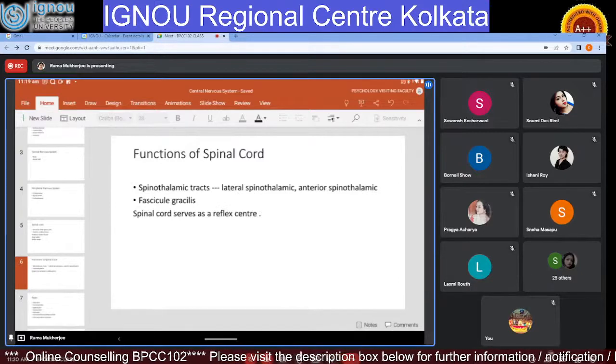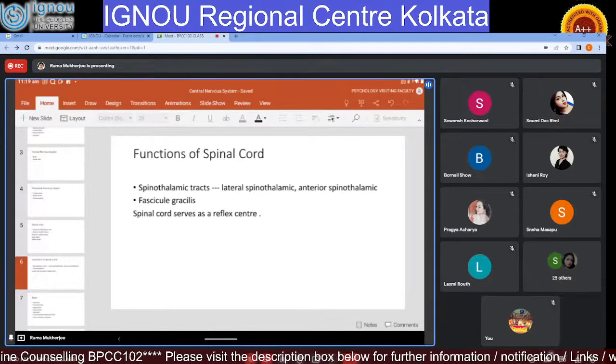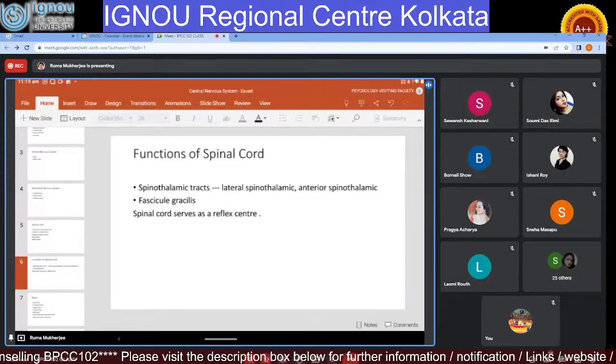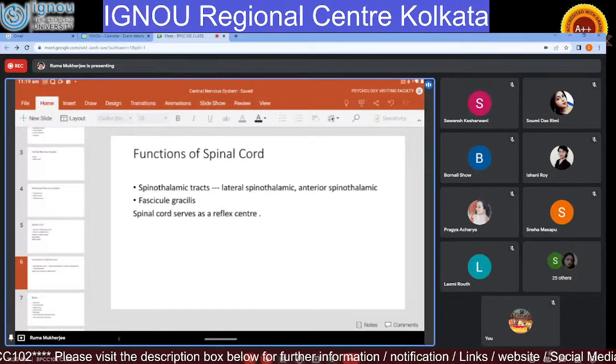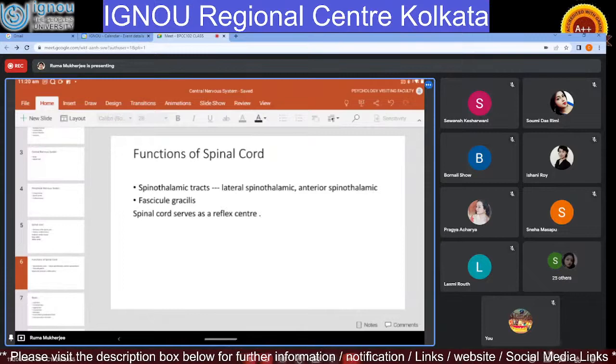So, the subconscious state of kinesthesia is responsible for only this type of functions.